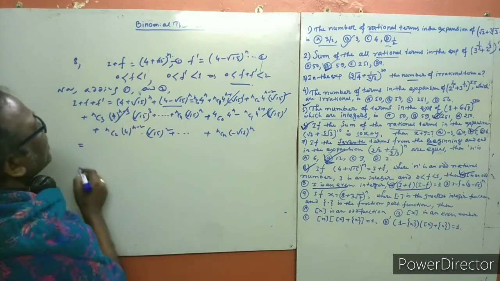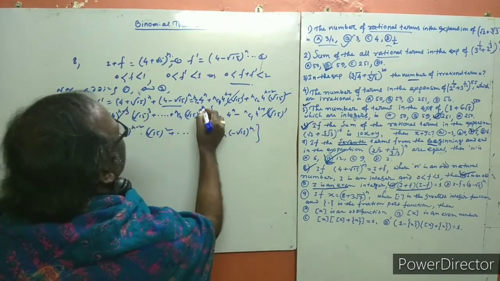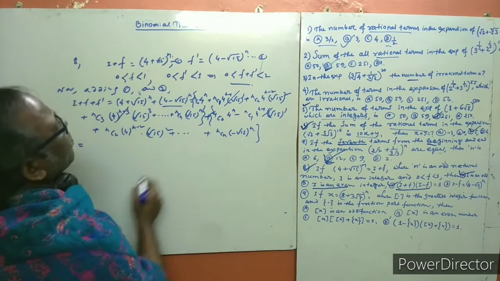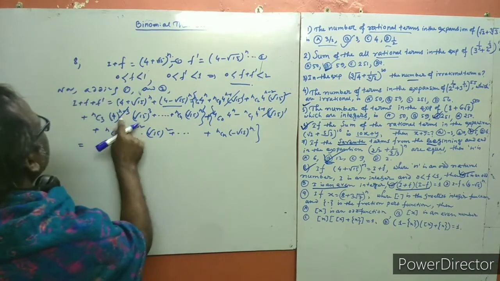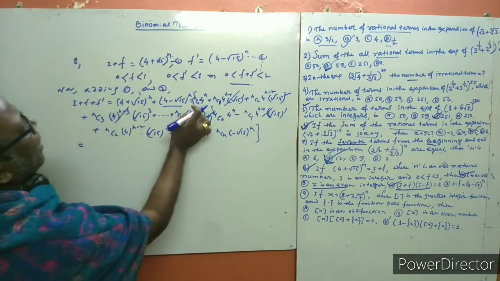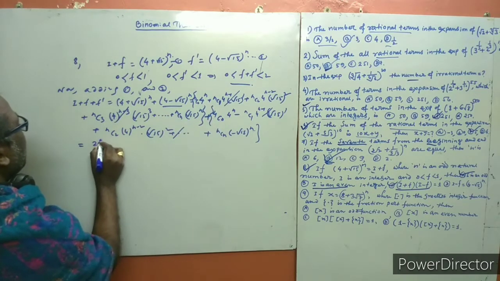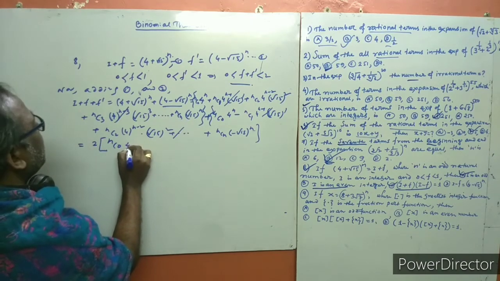And for the next expansion, it starts from here. So these odd suffix terms are cancelled, and we get the doubled. These each and every one are doubled. 2 times nC0 4 to the power n.